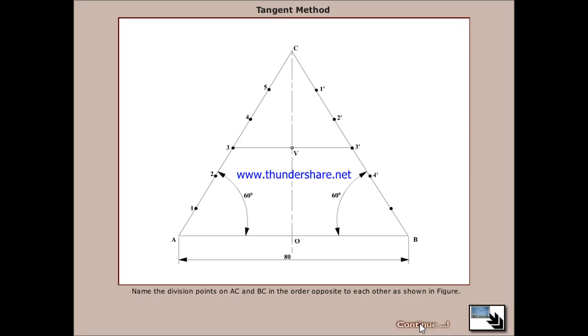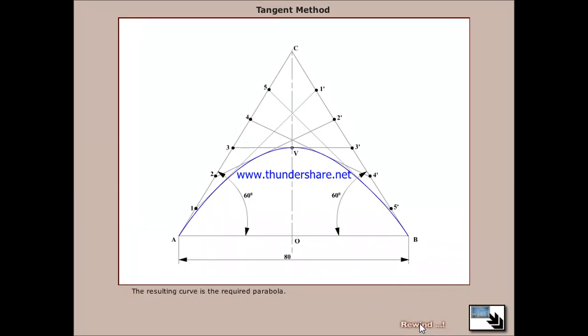Name the division points on AC and BC in the order opposite to each other as shown in the figure. Join the division points 1, 1' and 2, 2' and so on. Now starting the curve from point A, draw the curve tangential to these lines. This will result in the required parabola.